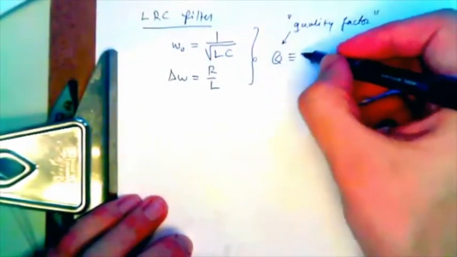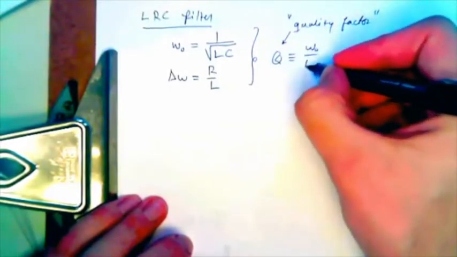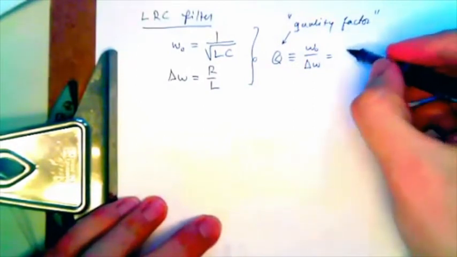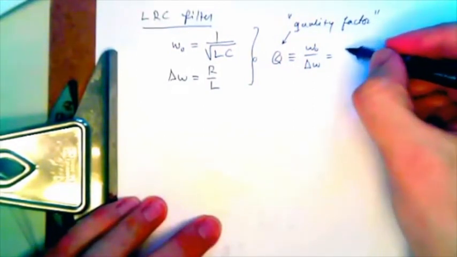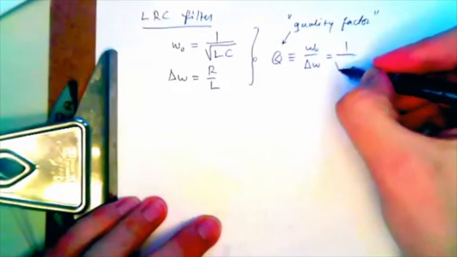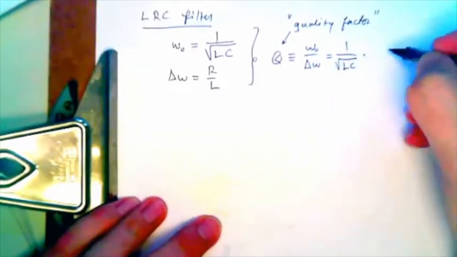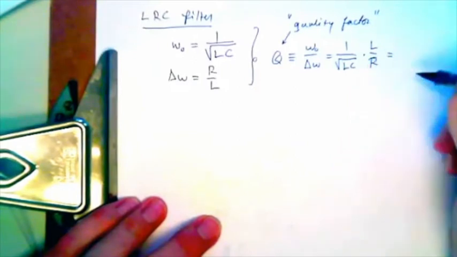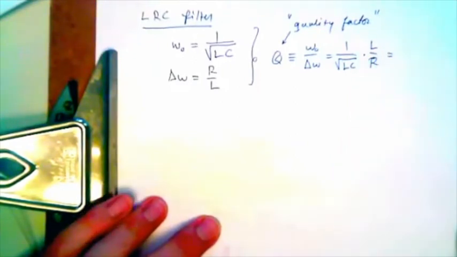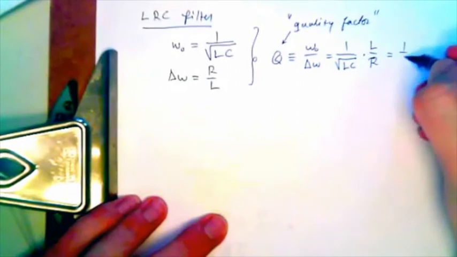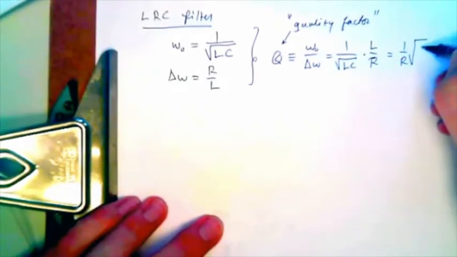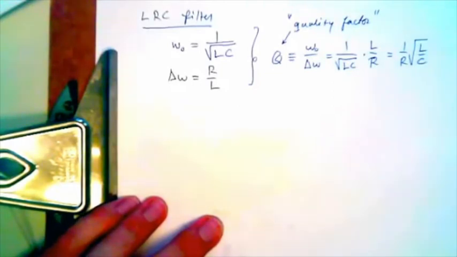It is, by definition, omega naught over delta omega. And therefore, it's 1 over root LC times L over R, which is 1 over R times root L over C.